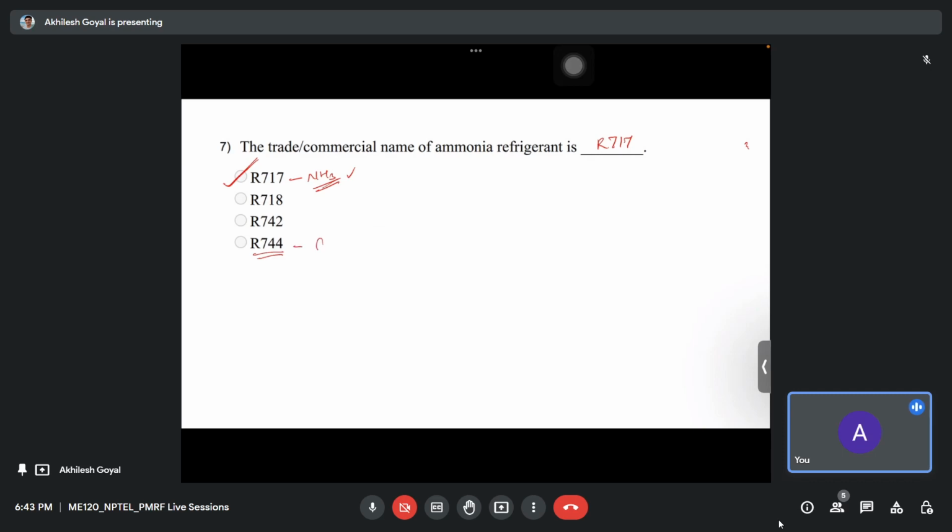If you remember, this R744 is CO2, the carbon dioxide. So the carbon dioxide is given R744, and the ammonia is given R717. So the commercial name of ammonia refrigerant is R717. Again, this is a pretty simple question. Let's move to the next one.